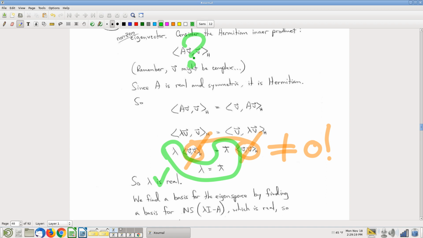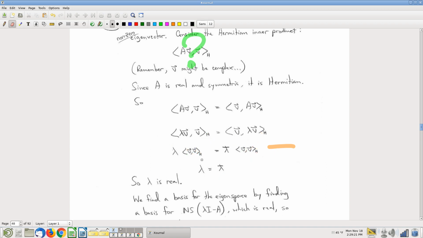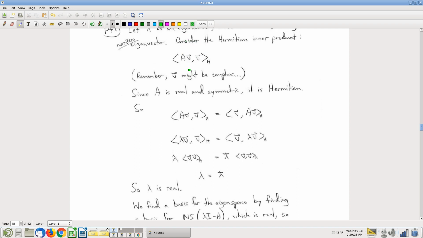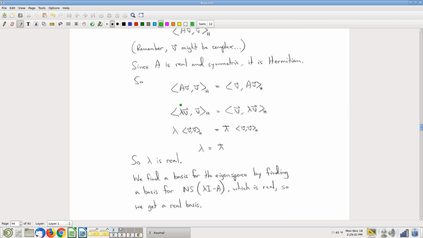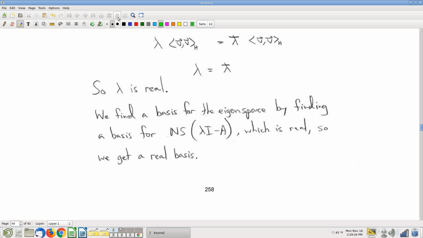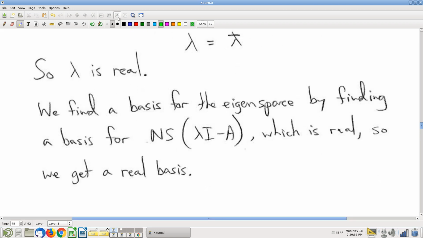Now, the second thing that I claimed in this theorem is that the eigenvectors are all real, again speaking sloppily. How do I know the eigenvectors are all real? The second part is actually much easier to prove. How do you find the eigenvectors? Well, you take your eigenvalue, which we know is real.